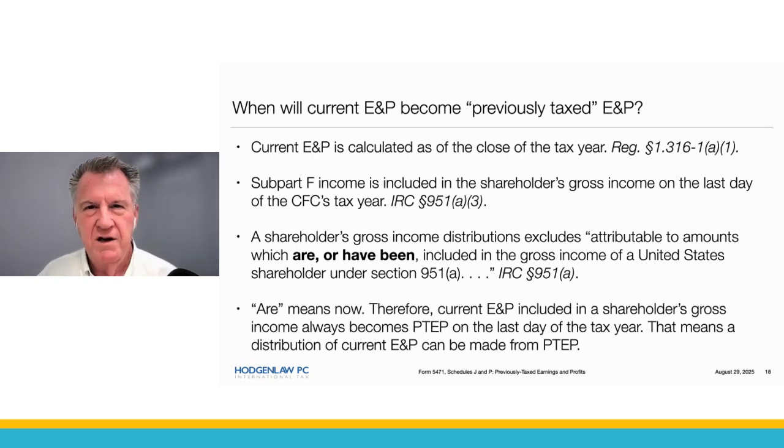So the first thing is let's just start with E&P generally. E&P, the current E&P, is calculated as of the end of the year. Duh, because if it's still September, you don't know what the income of the company is going to be for the year yet. So you don't have a current E&P number. All right. Subpart F income.